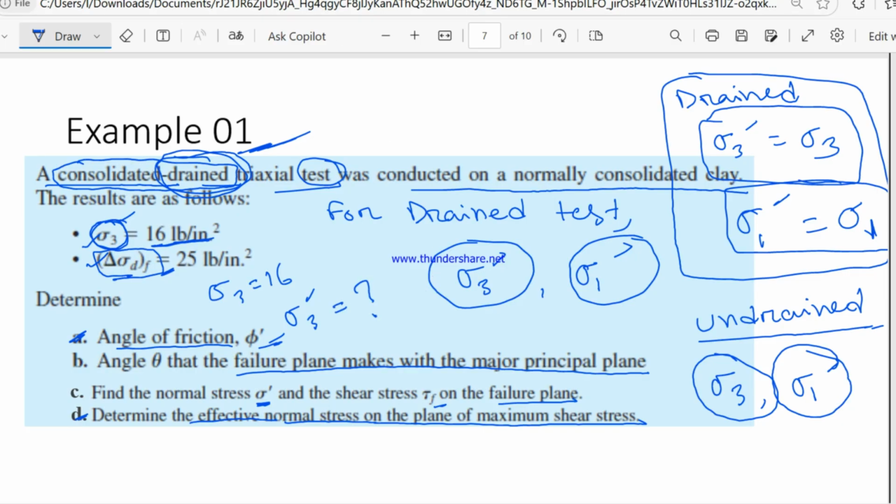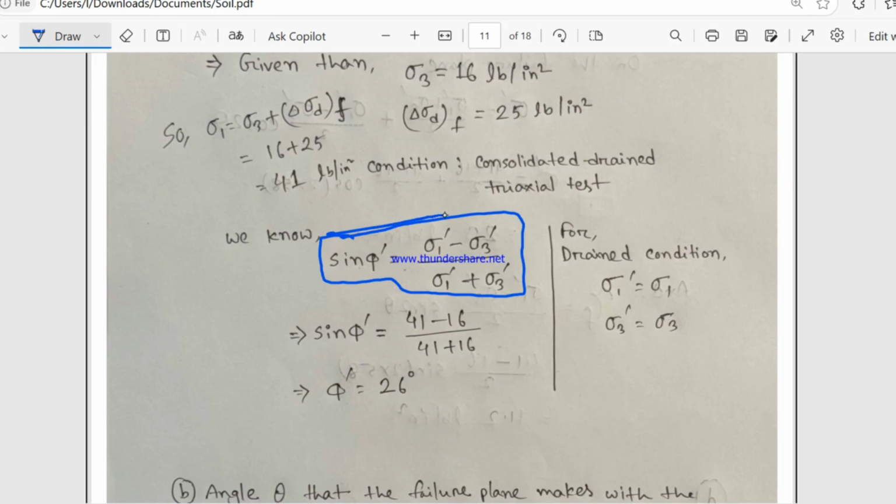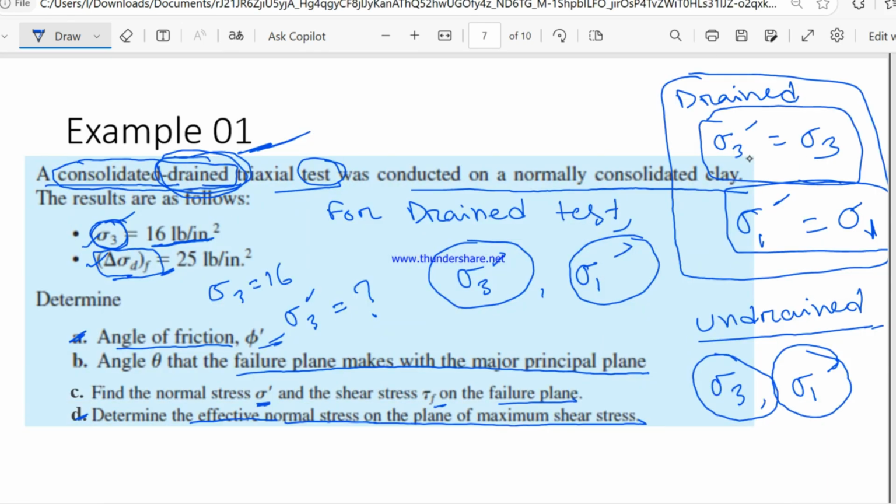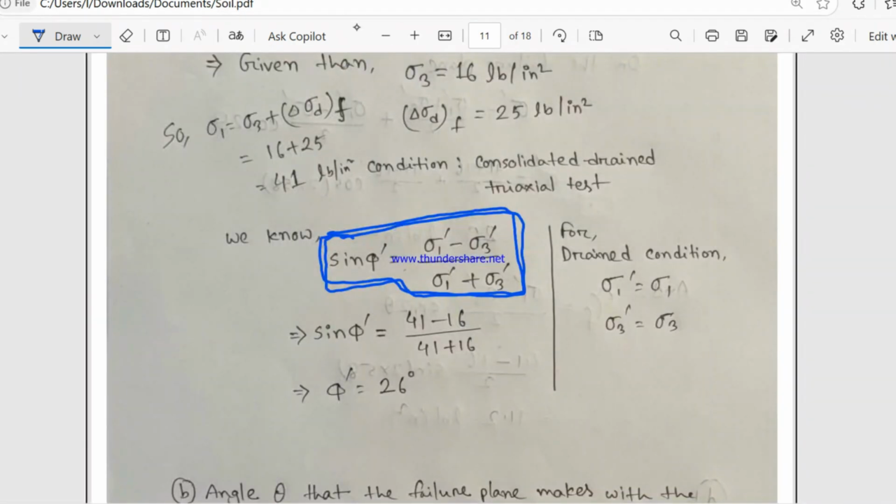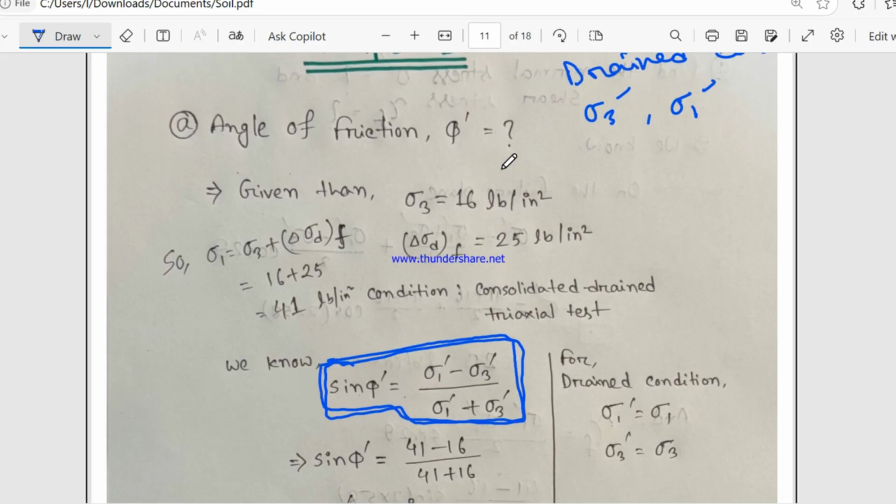But for the drained condition sigma 3 prime equals sigma 3, so sigma 3 prime will also be 16. Okay, let's calculate.